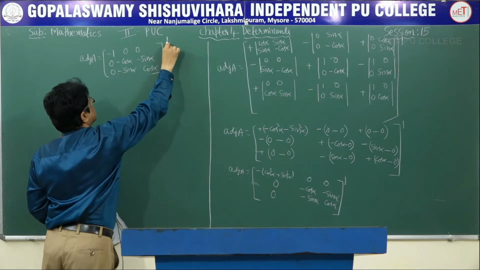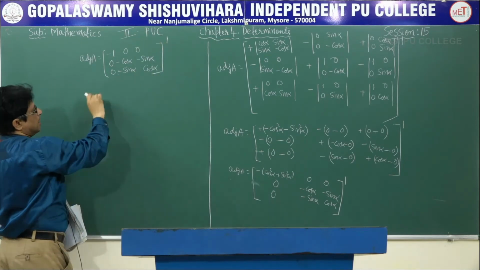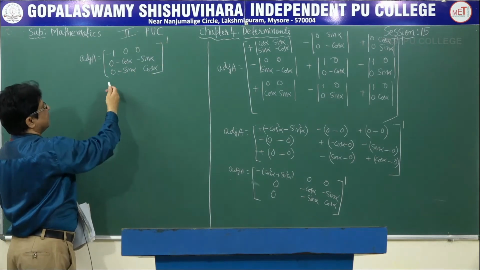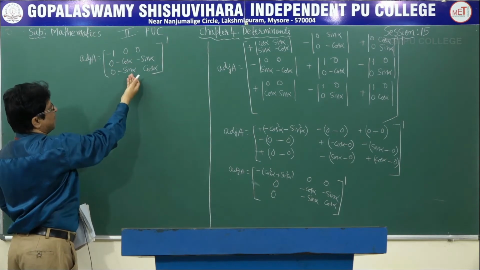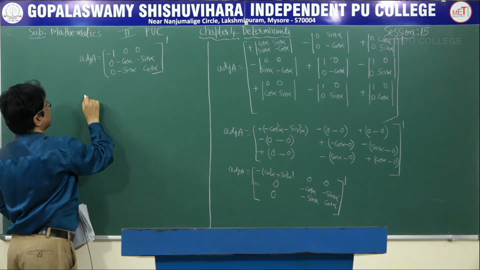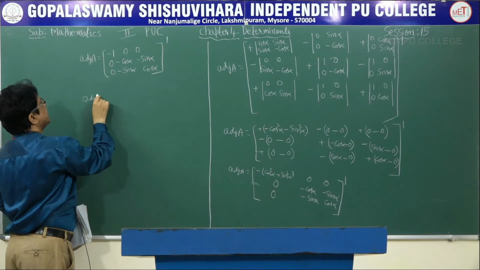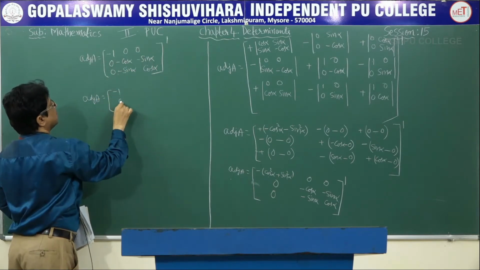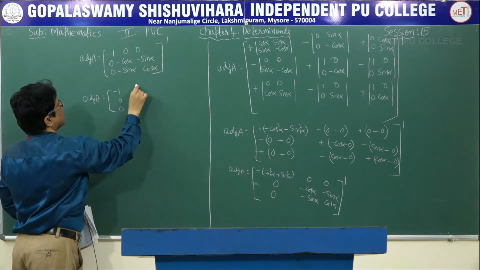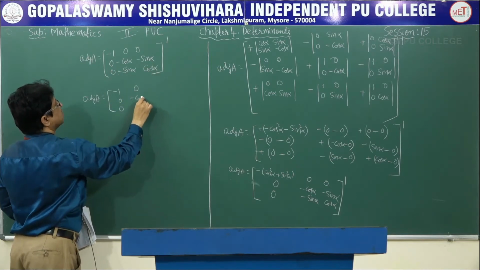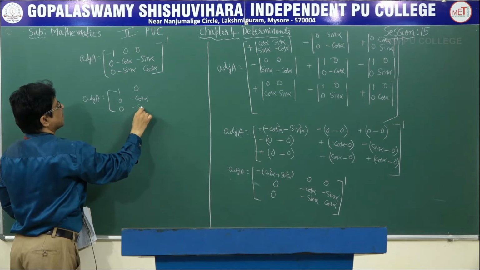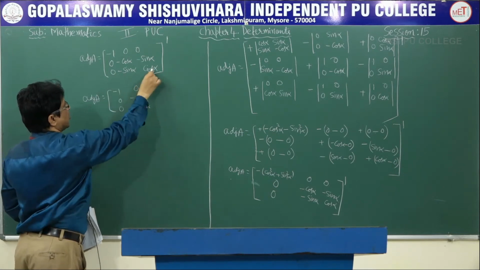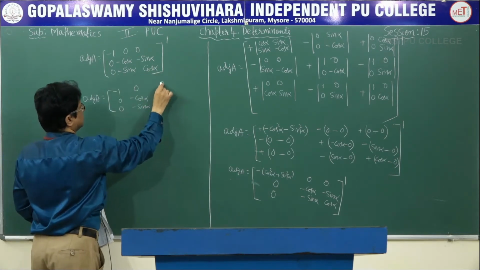We have to put dash. Now after this step we have to transpose the matrix. So adjoint A is equal to, so here first row becomes first column, second row becomes second column, third row becomes third column.